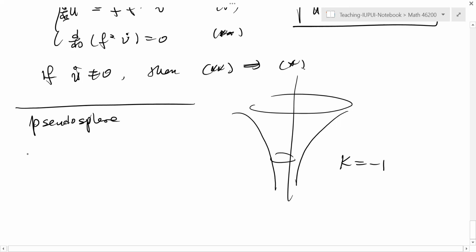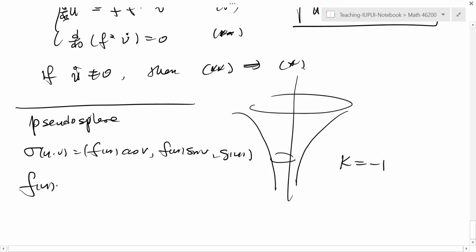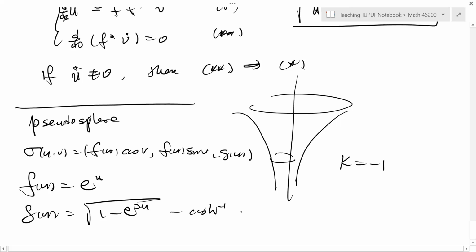So this is a uv parametrization: f of u cosine v, f of u sine v, and g of u. f of u is going to be e to the u. g of u is going to be the integral of the square root of 1 minus e to the 2u, minus hyperbolic cosine e to the negative u.